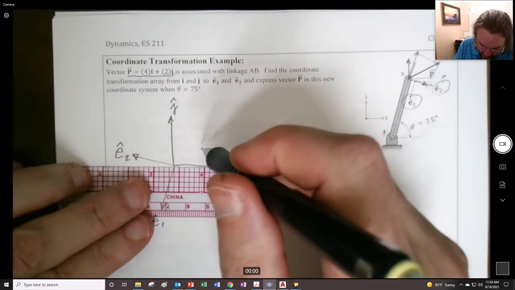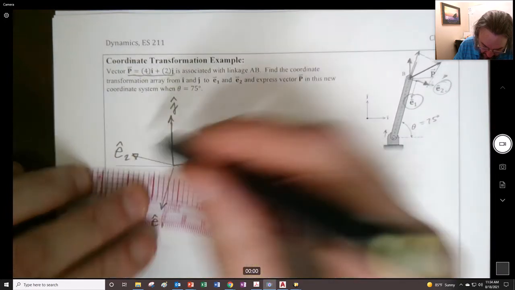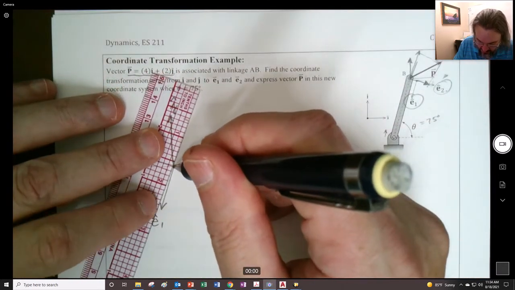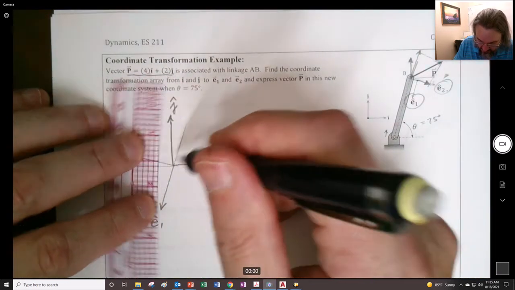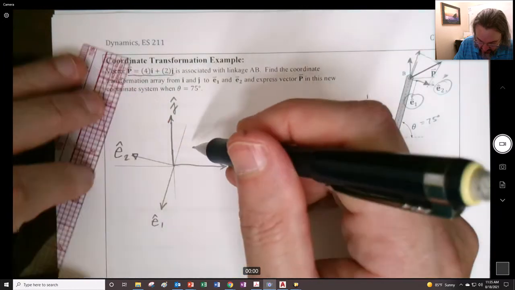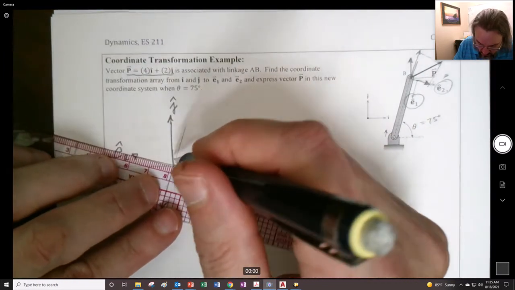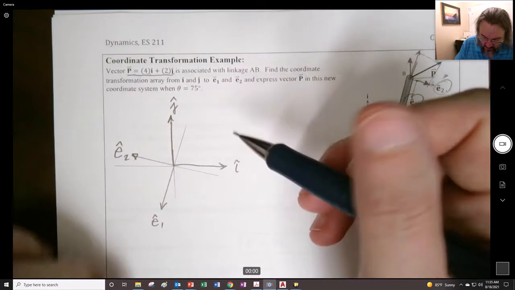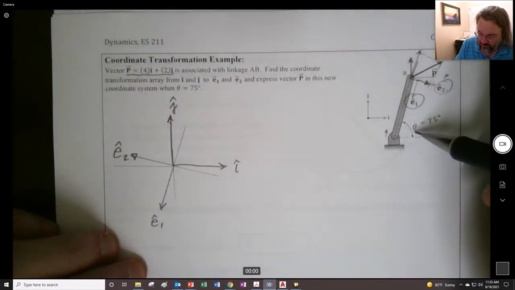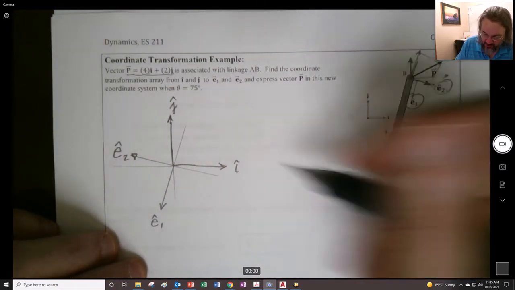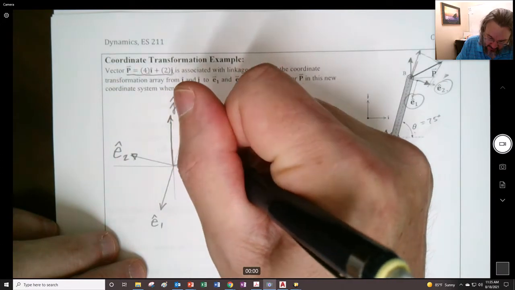And one good thing to do if we're messing around with this is to draw lightly, extend the lines down. Extend these lines. That will help us also decide where this angle is taking place. So this angle is this right there.